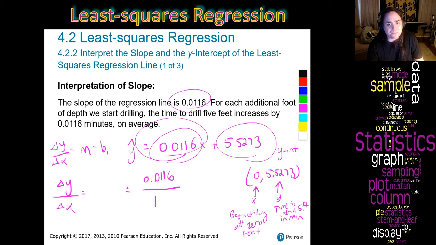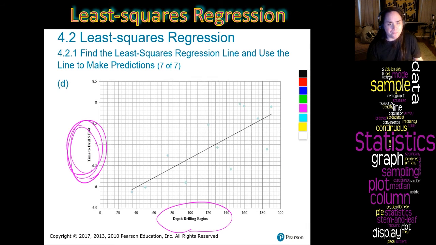So 0.0116, that's positive, right? So that's 0.0116 more what? Well, what are the units for y? It says time, and we said this was in minutes.